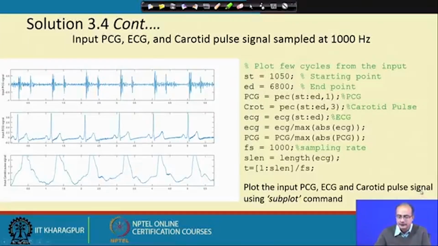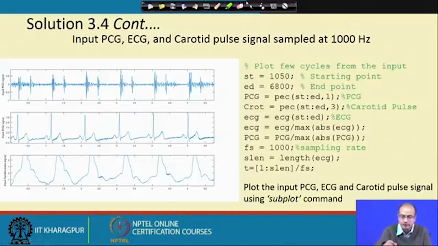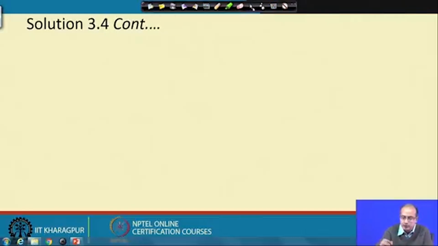Here we are taking a small part of the signal for the purpose of plotting, with a starting point and end point given, so that we can have a better plot. And the sampling frequency, you know, is 1000 hertz. So, we have used that information to make a good plot here.